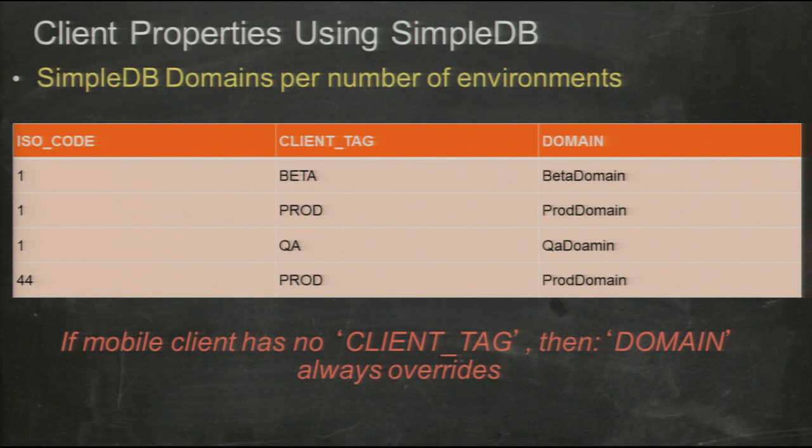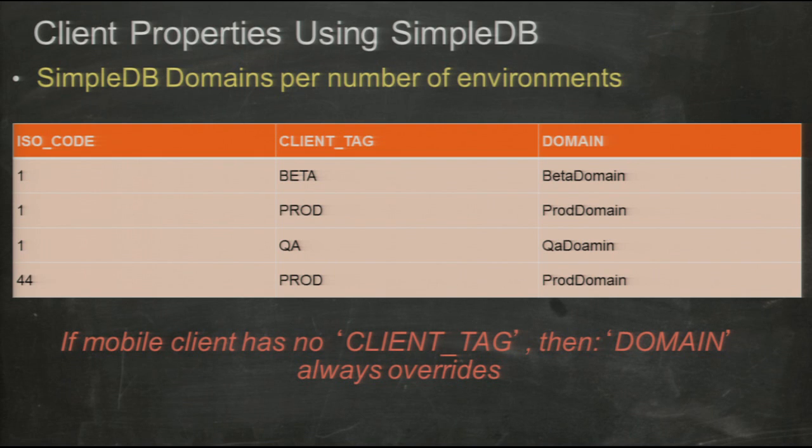Last thing that I want to talk about is the client properties challenge. And again, this is something that is not really related to voice over IP. It is related to multiple environments with multiple clients and how you manage different environments. So this is something that we thought about.